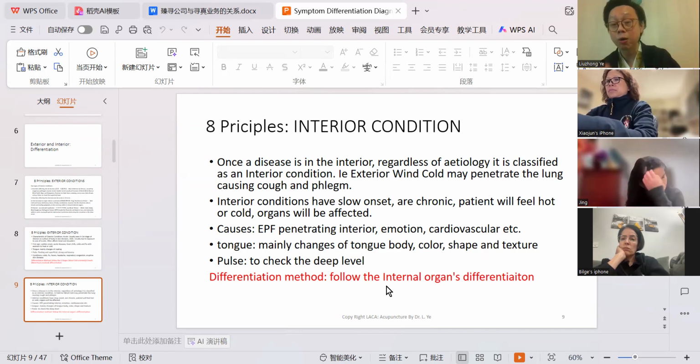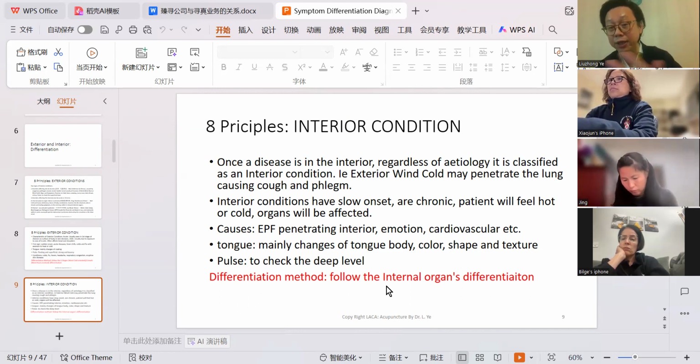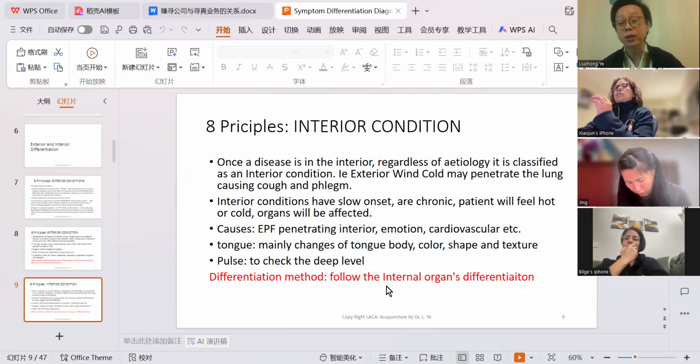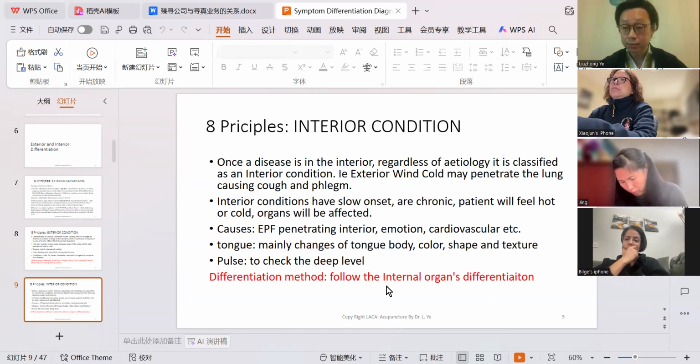But when it goes on for a long time, like several years later, then he started to have diarrhea whenever he had a bad condition like cold food or raw food. This has already entered the interior because that shows some spleen chi deficiency. Then this is called interior. This is just showing exterior and interior don't necessarily have to be completely separate.